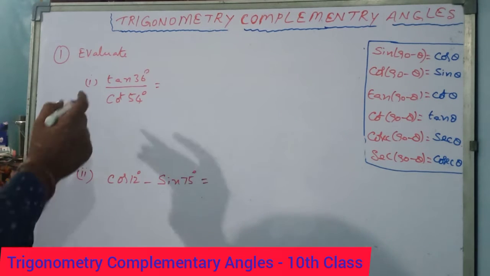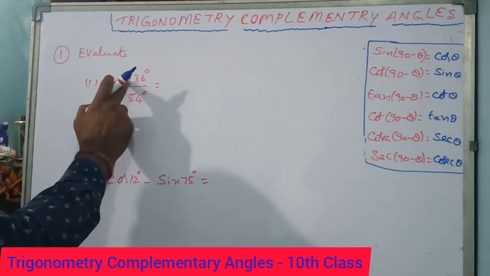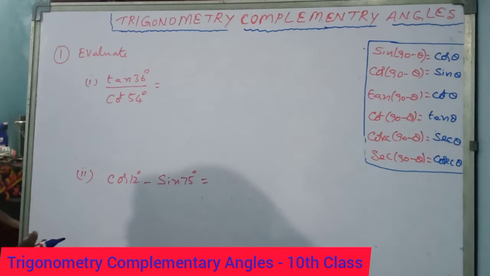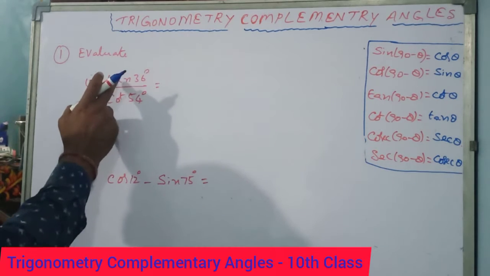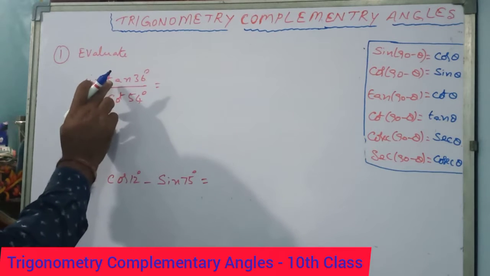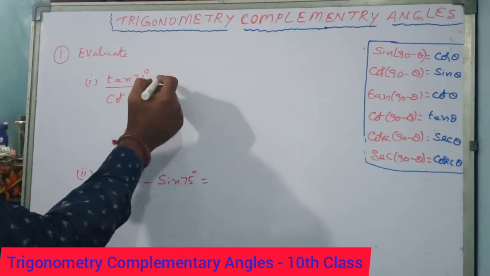Evaluate the following: tan 36 degrees divided by cot 54. Here there are numerator and denominator terms. Change any one of them. We will change the numerator, tan 36.